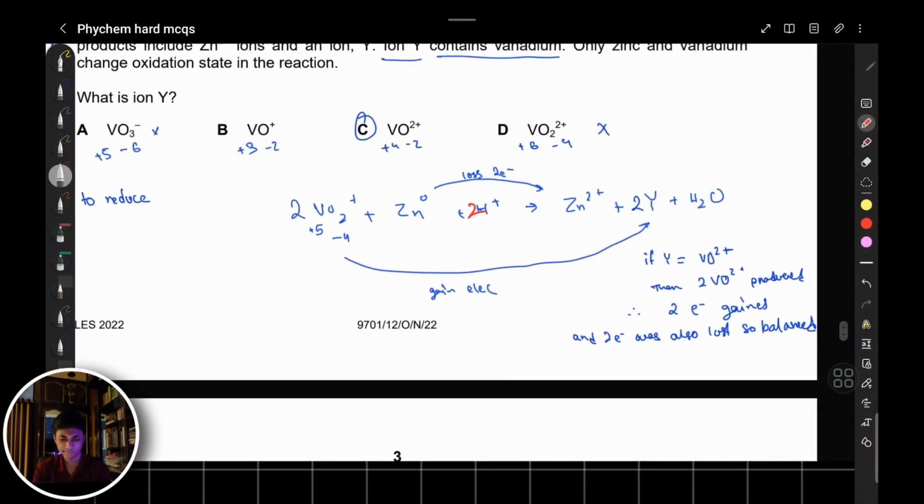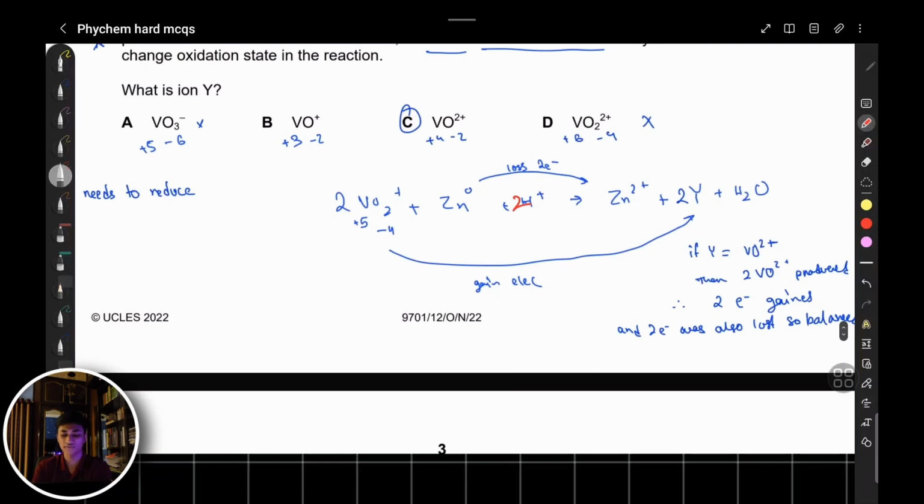So if we take the charge of vanadium as x, x minus 4, since oxygen has a charge of minus 2 and there are 2 oxygen atoms, minus 2 times 2 is minus 4. x minus 4 is going to give you a plus 1 charge. X is positive 5. That's why vanadium has a positive 5 charge.